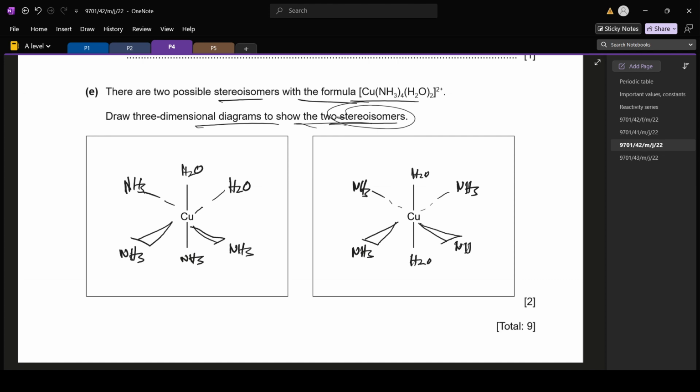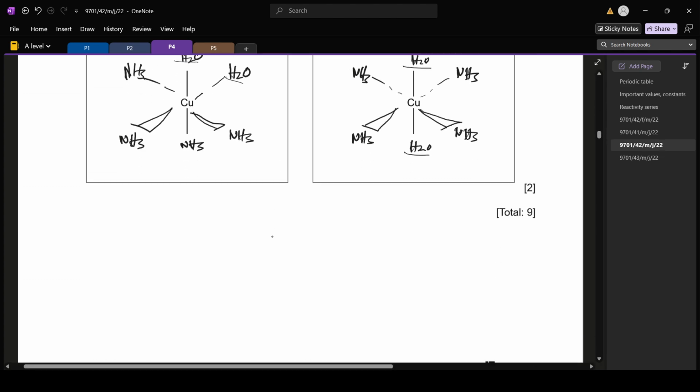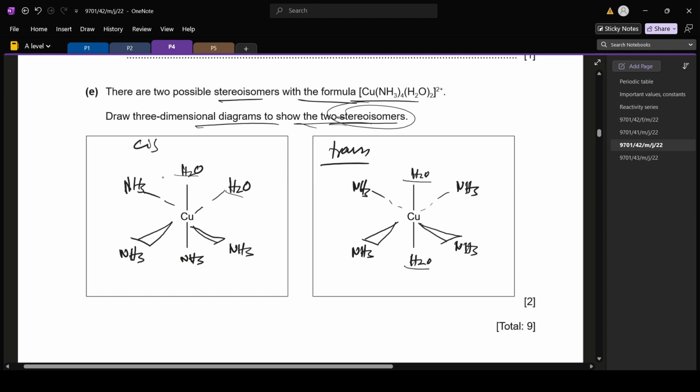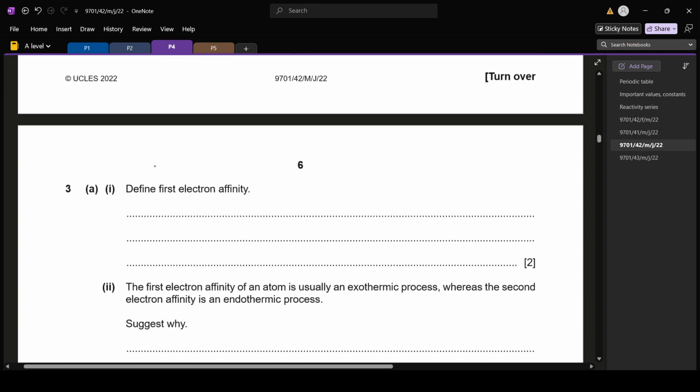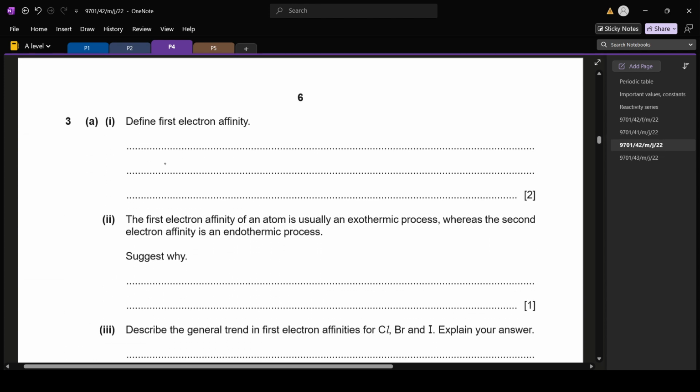How can you tell that this is the cis molecule and this is trans? Because you can see that the bond angle between the water ligands here is 180 degrees and here it is 90 degrees. The trans is non-polar and the cis molecule is polar. Moving towards the next question.